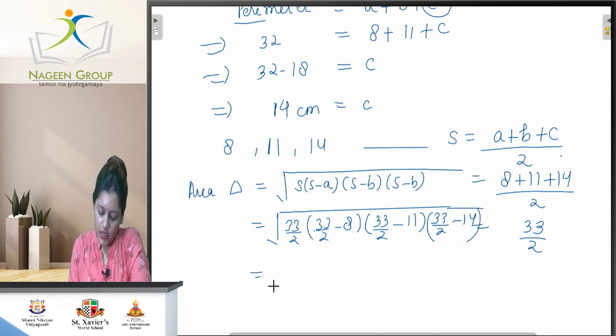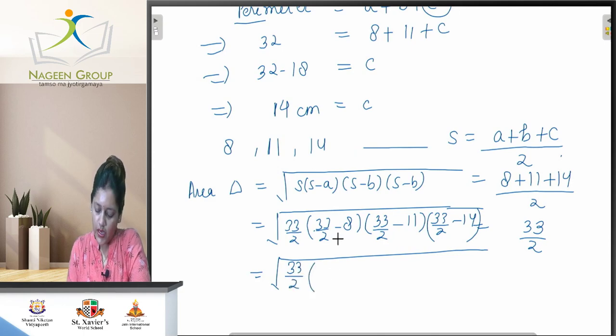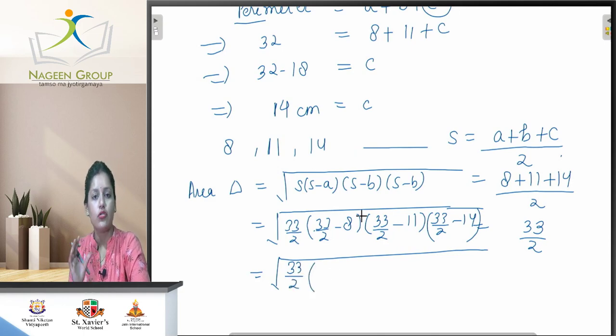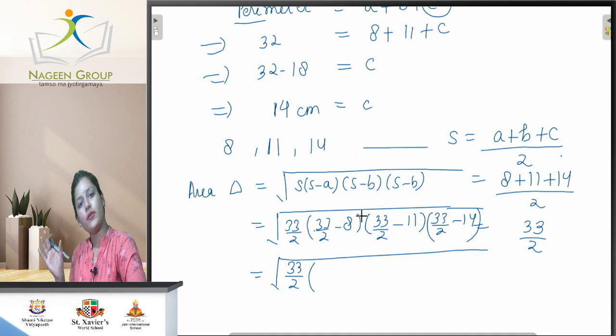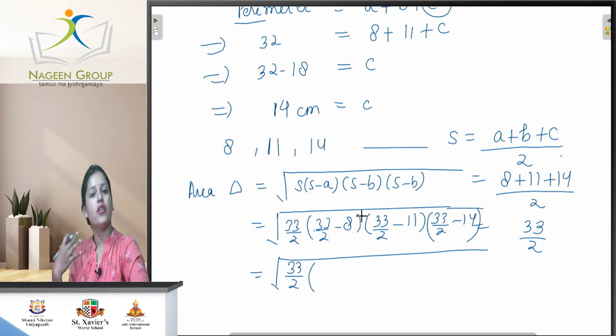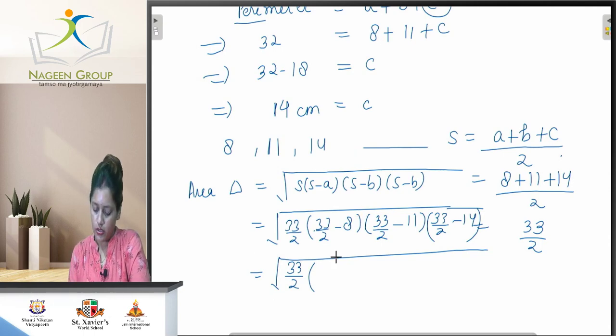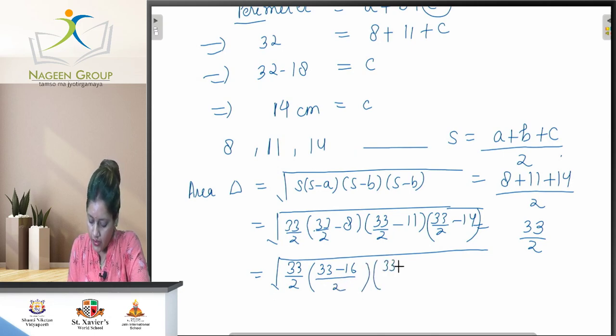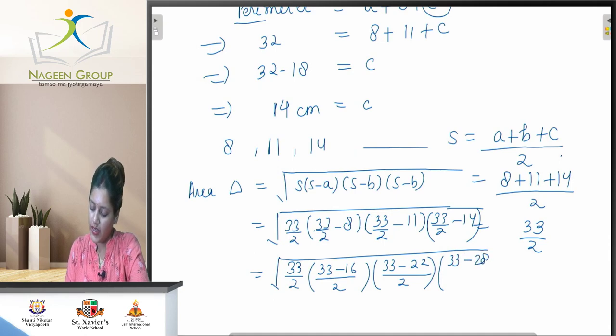So under root 33 by 2, and you have to solve the brackets one by one, or if you want, solve them in one step only, means you have to take the LCM. So 33 minus 16 by 2, 33 minus 22 by 2 and 33 minus 28 by 2.